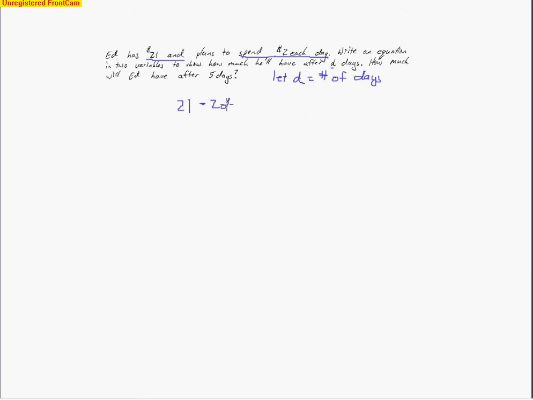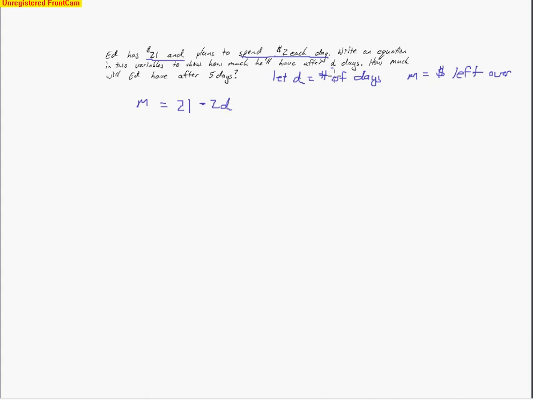So we'll do 21 minus 2D. And we're going to set this equal to another variable. Let's call the next variable M. M stands for money left over. So we're going to say M, the money left over, equals the amount that we started minus 2 times each day.